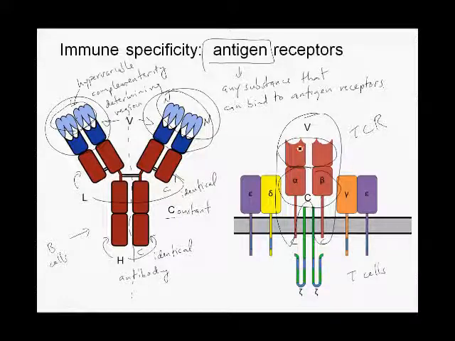Again, the antigen binding pocket is made up of both the alpha and beta chains. So it takes both of these chains to form a single antigen binding pocket for a T-cell receptor.